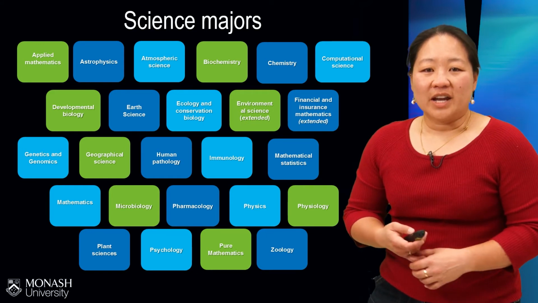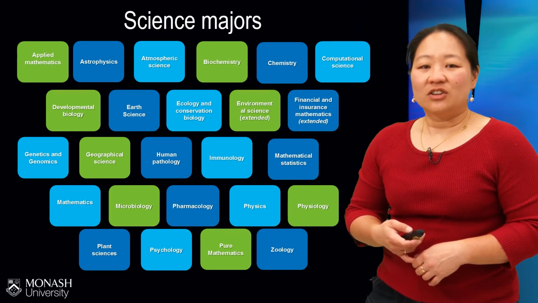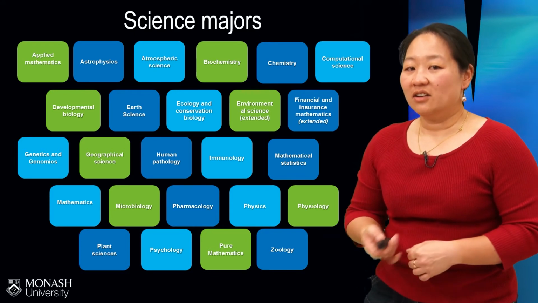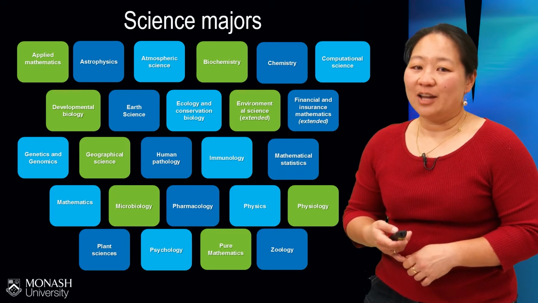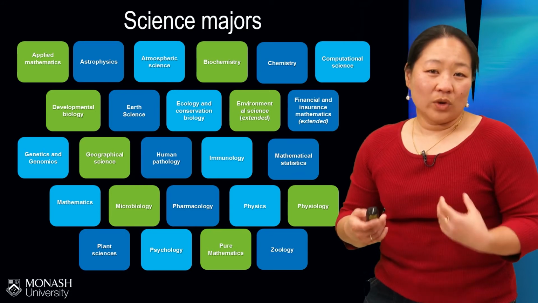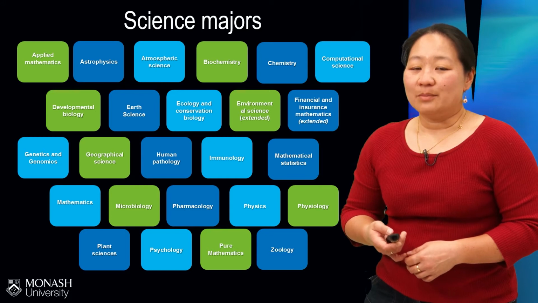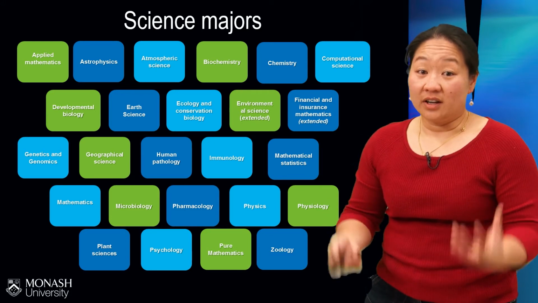The structure of a major and what units to take, including any additional units to complement and strengthen knowledge, are all listed in the handbook. When you start enrolling in units, you'll be prompted to nominate the majors that you would like to complete.